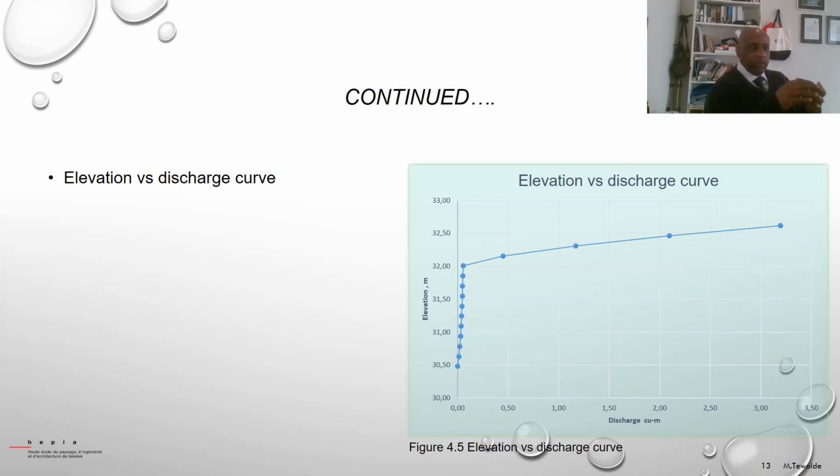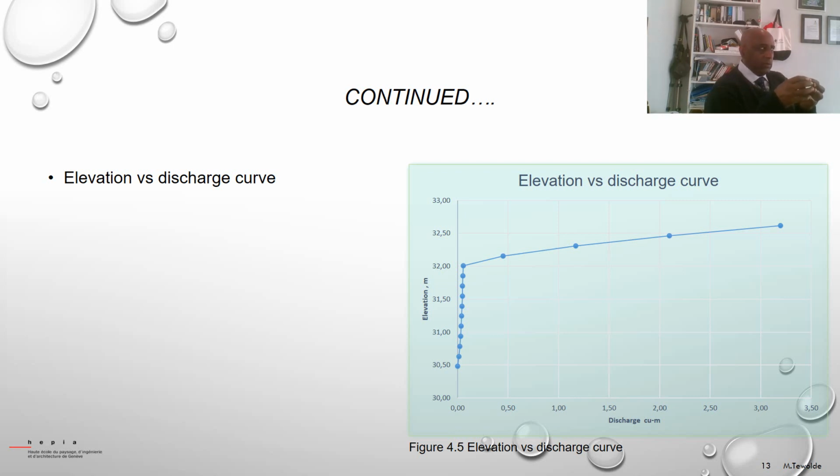Then we can calculate, because a weir is normally used to measure the discharge or flow. Normally it is easy to calculate the discharge of water flowing over the weir, because we have a formula to calculate that.